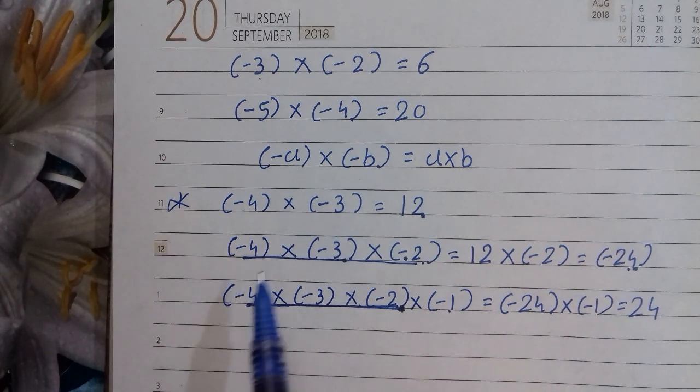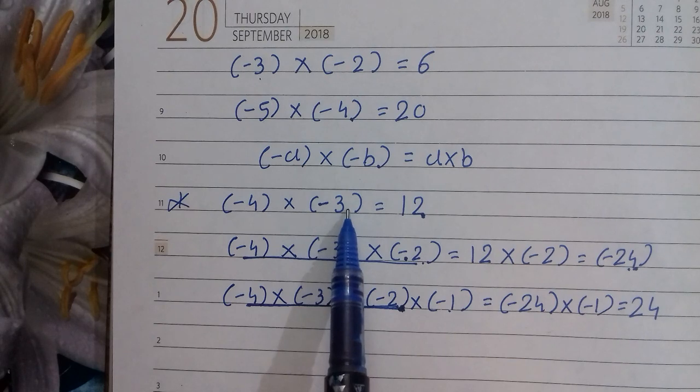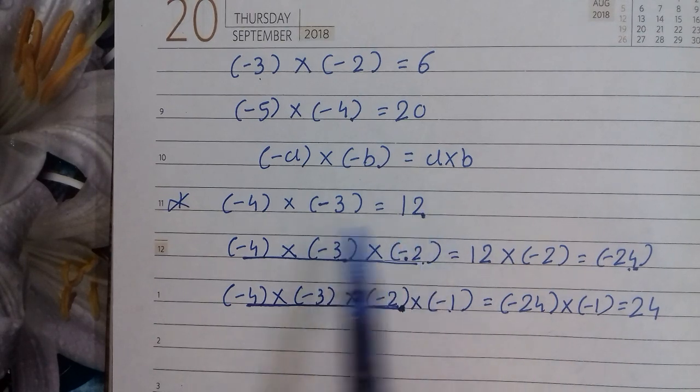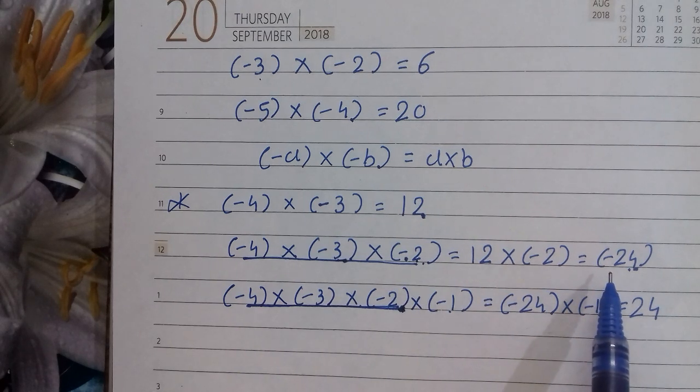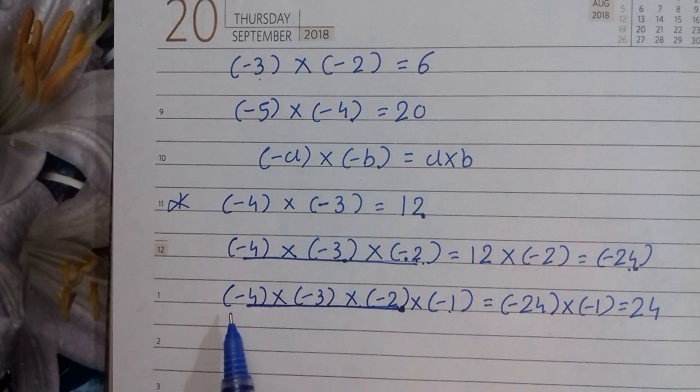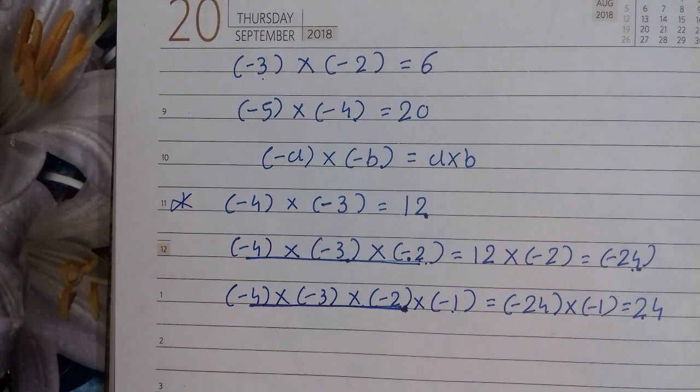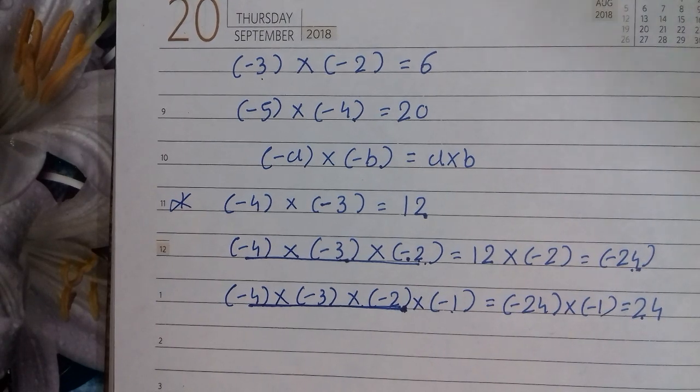Once again, the product of two negative integers is a positive integer. The product of three negative integers is a negative integer. The product of four negative integers is a positive integer. So we find that if the number of negative integers in a product is even, that is 2 integers, 4 integers, then the product is a positive integer.